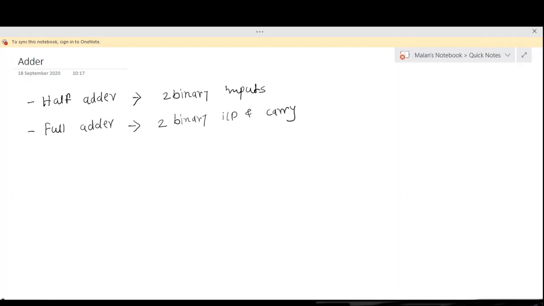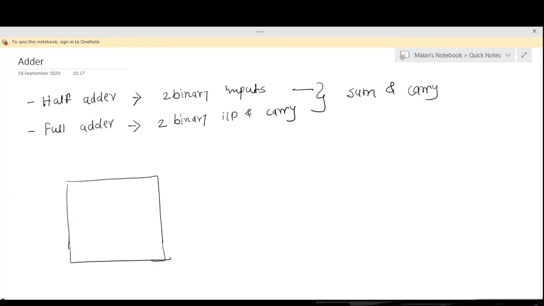Now remember, half adder takes two inputs. It performs the addition of two binary numbers and gives the output of sum and carry. Now based on these two definitions, I am going to draw the logic diagram of the half adder.